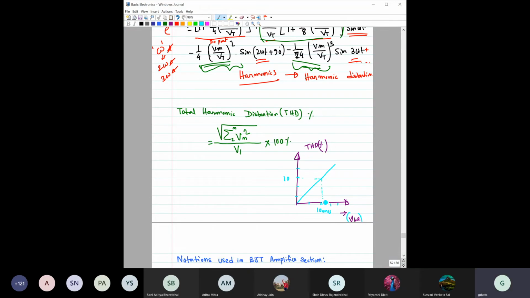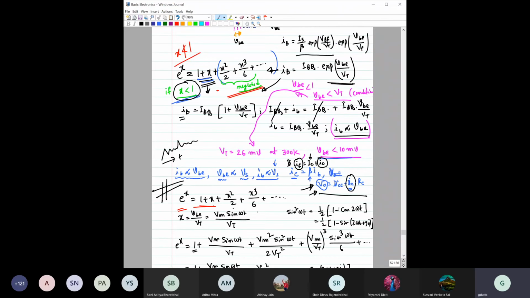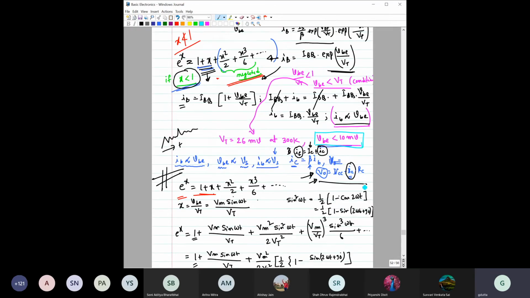Okay, I hope this part is clear. This is not difficult to understand. What is most important for us is what should be the value of this V of BE. If you have understood this part, then I think that is sufficient for this course.